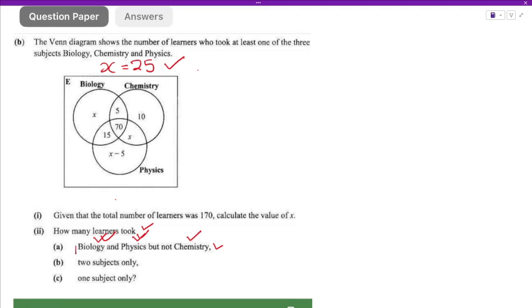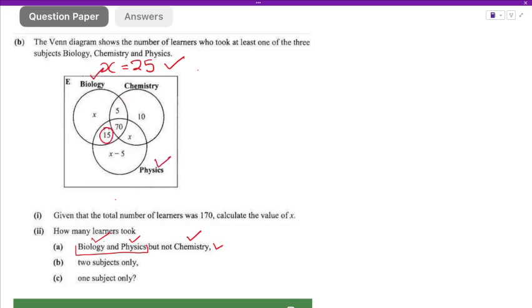So in other words, they are simply saying, find the number of learners who took biology and physics only. It doesn't mean that even those who took biology only should be included. The only people who qualify here are those taking two subjects, biology and physics. So go to your sets and identify the region representing those people. Biology is this one here, physics is this one.